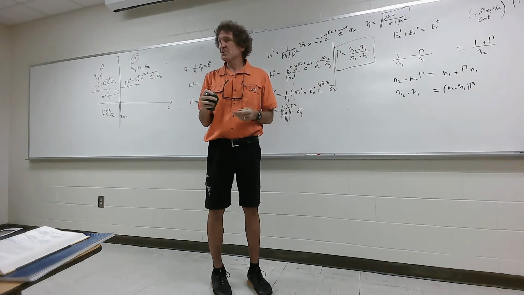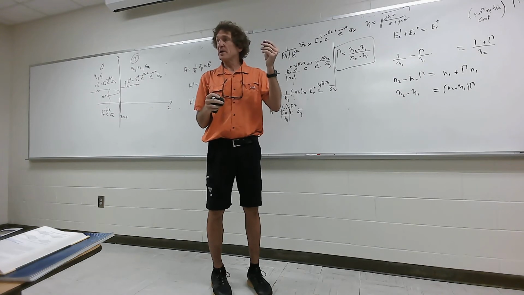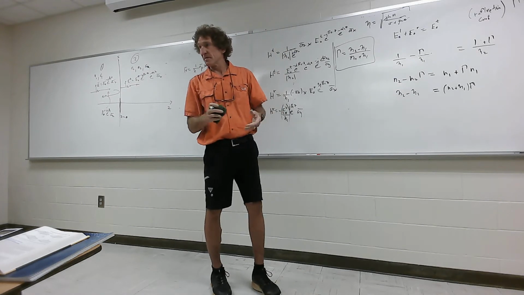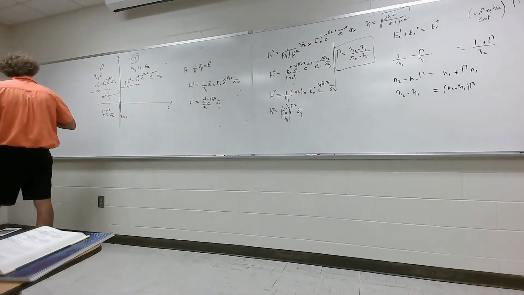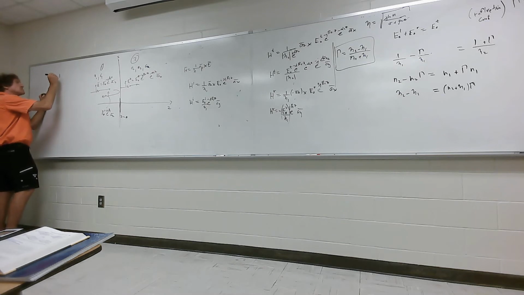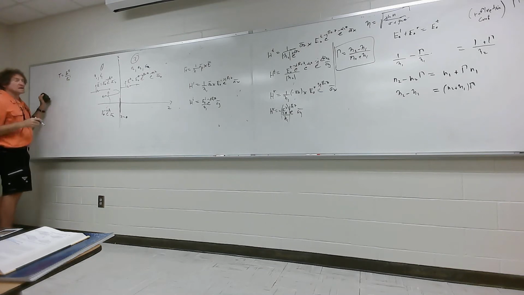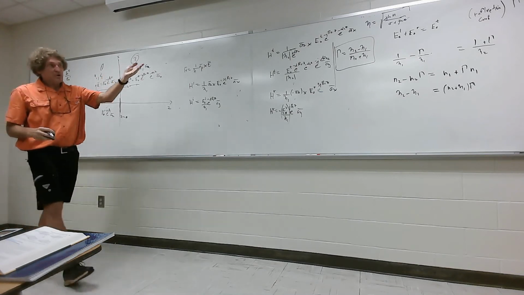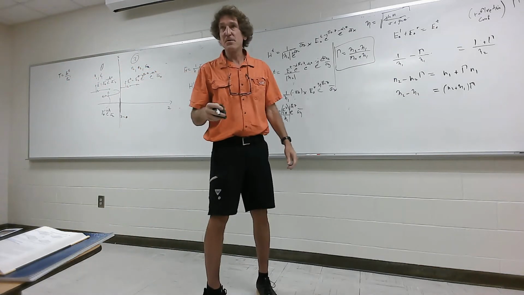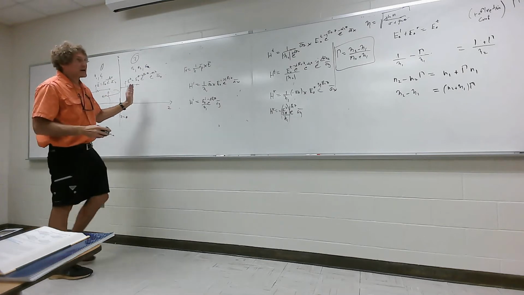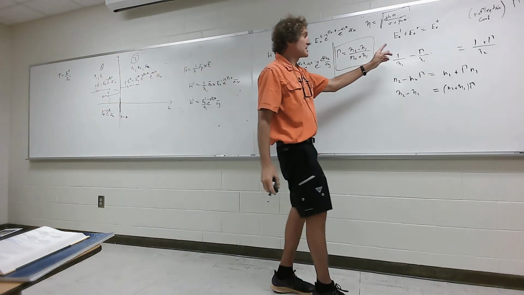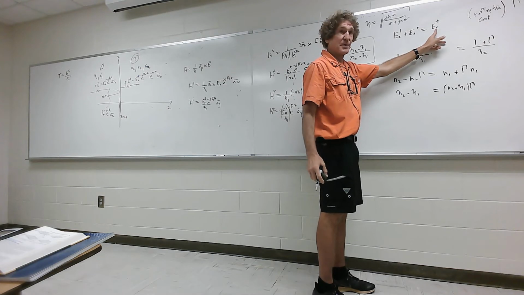Now, the transmission coefficient is the ratio of the transmitted field to the incident field. So the transmission coefficient, I'll put it over here. The symbol is just tau, equal to E naught transmitted over E naught incident. I can go through this same process, but I think some of you can realize this. If you just look here at this boundary, I know that I have E naught incident plus E naught reflected is E naught transmitted, right?